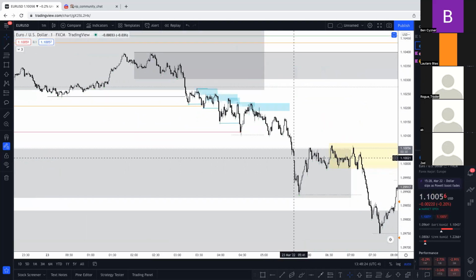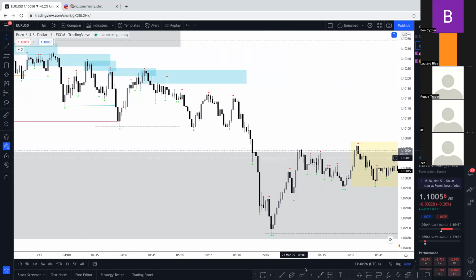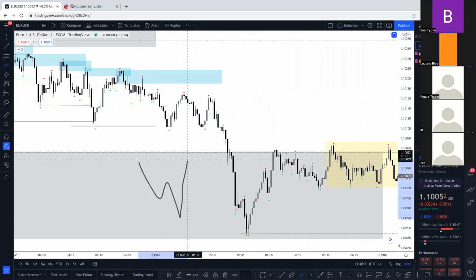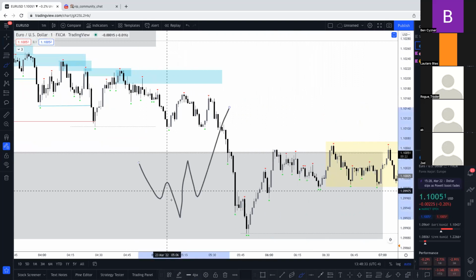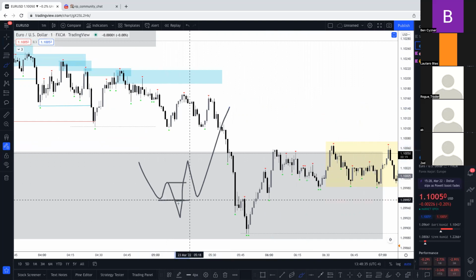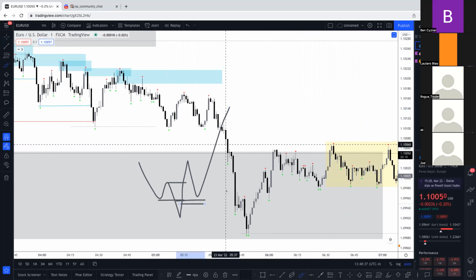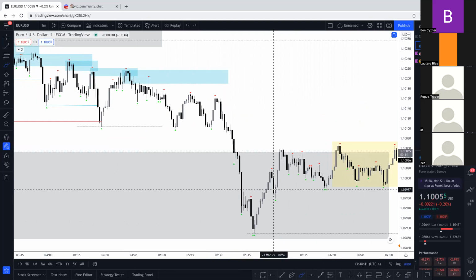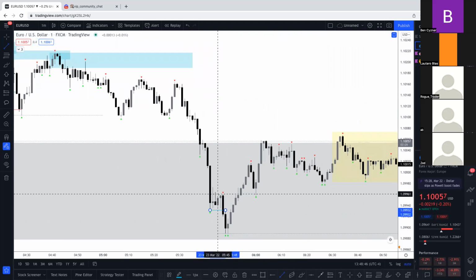Let's take a look here. Now we can start looking for that sweep, change of structure, or change of character, mitigation, and run, right? Sweep, change of character, mitigation, run. We can start looking for that now that we have a reason to, right? Coming into here, here's that sweep, change of structure.